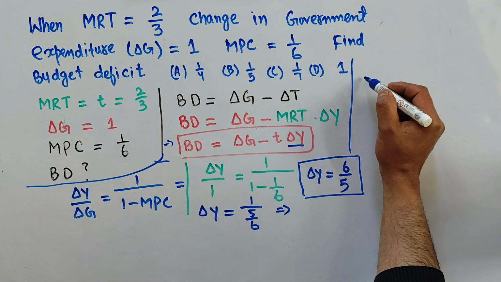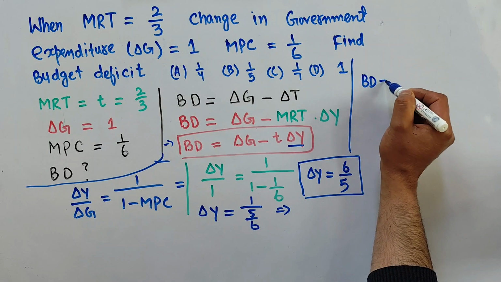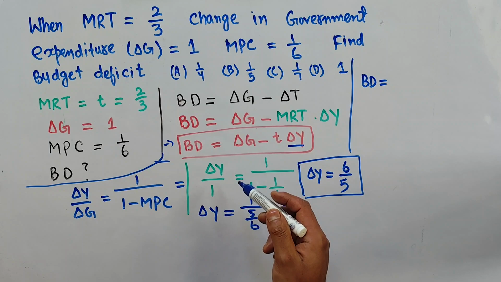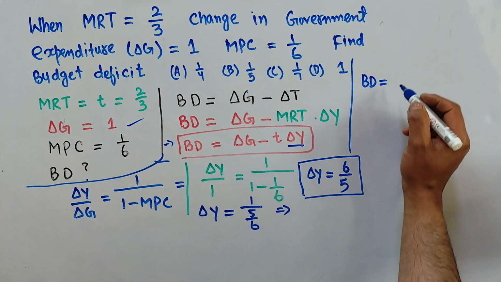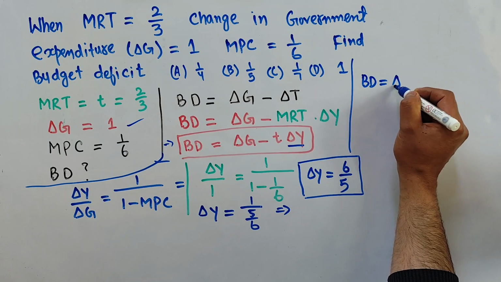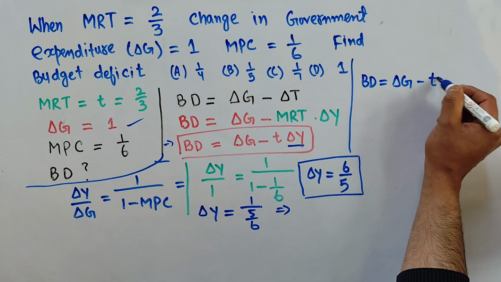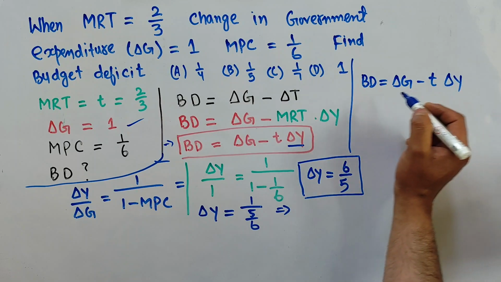Then budget deficit will be equal to change in the government expenditure, which is being given to us as 1, minus the marginal tax rate times the change in the income.